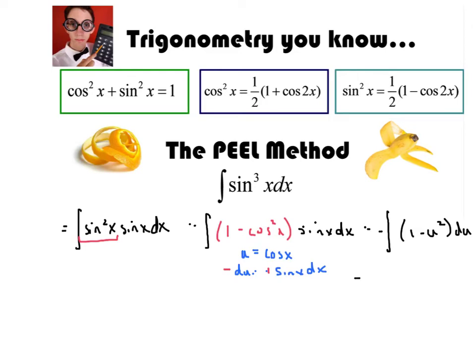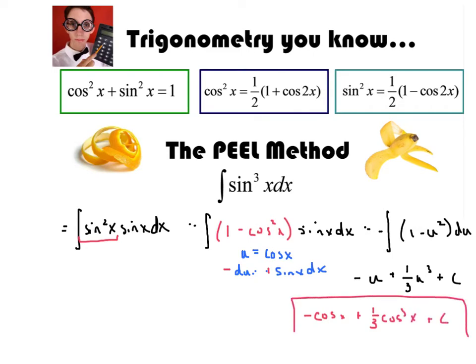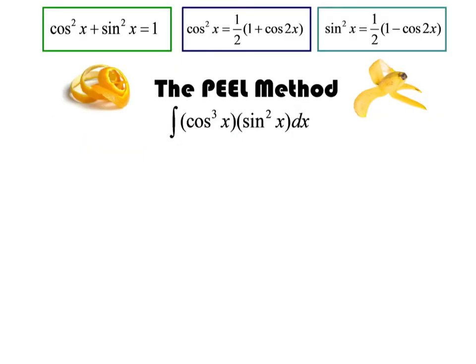The antiderivative is negative u plus 1/3 u cubed plus c. We now plug in what u was equal to, so it's negative cosine plus 1/3 cosine cubed plus a constant. And that's it. That's our peel method. So we're peeling off one off the odd power to use some of the things we know to make some easier integrals. So let's try this one.